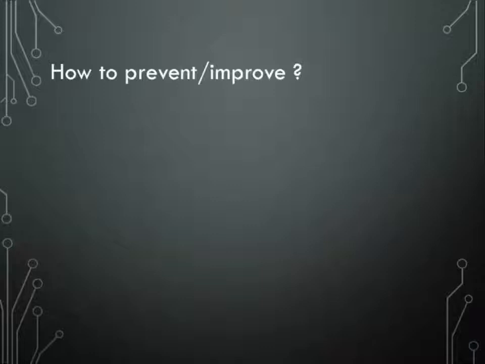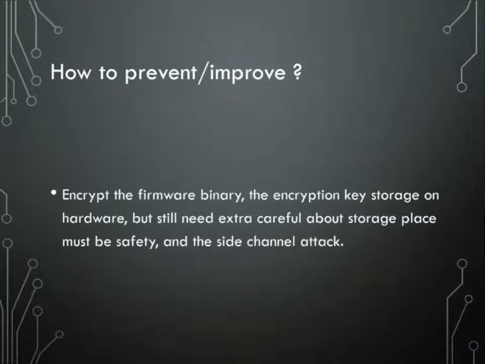Okay, I will introduce how to prevent or improve this part. Actually, I think we should just encrypt the firmware binary, but we still need to be extra careful that the storage place must be safe, and this side should be careful about side channel attacks.